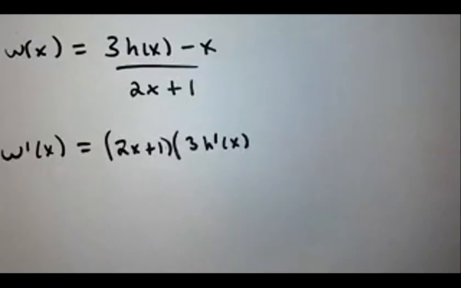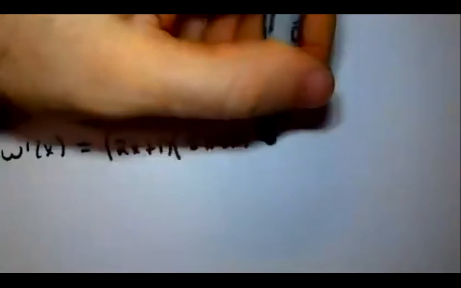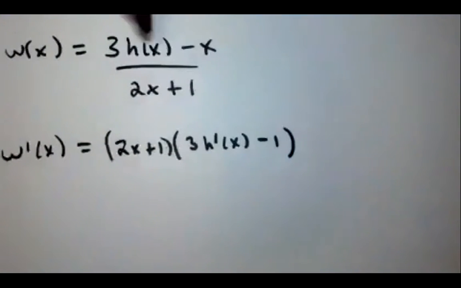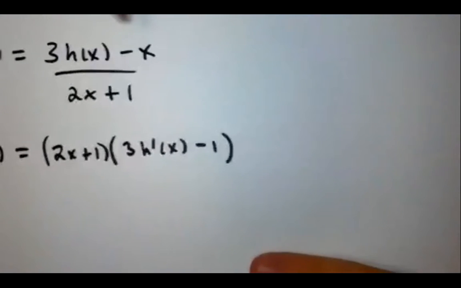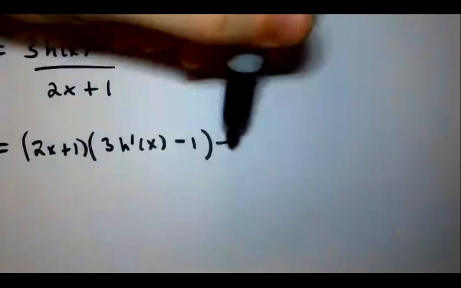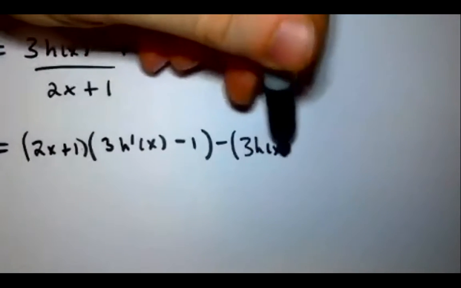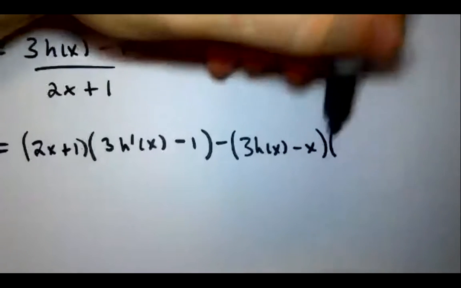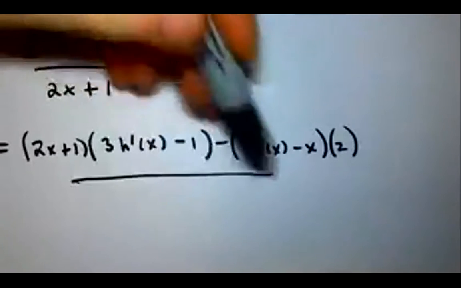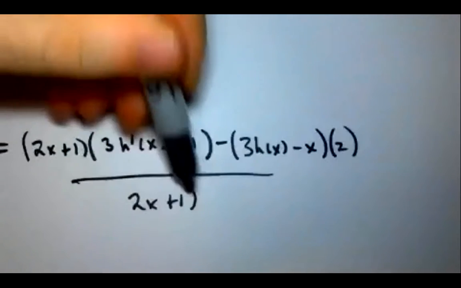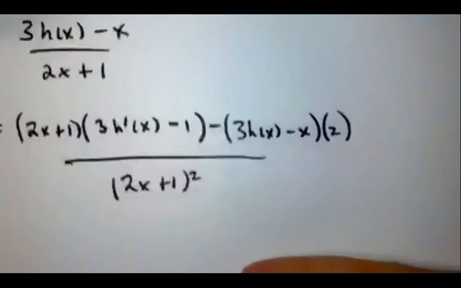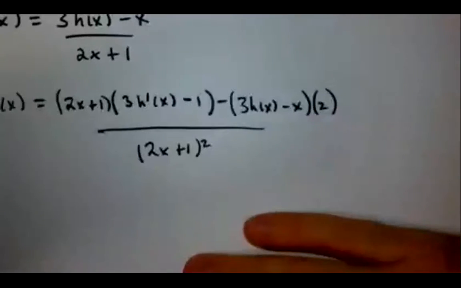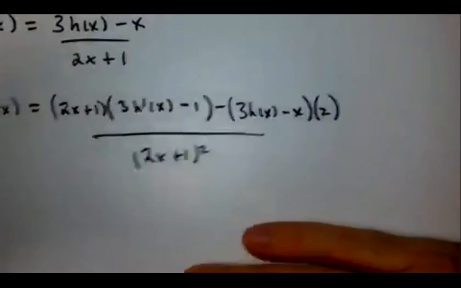So 3h prime minus 1 from that derivative. So bottom derive the top minus the top derive the bottom over the bottom squared.